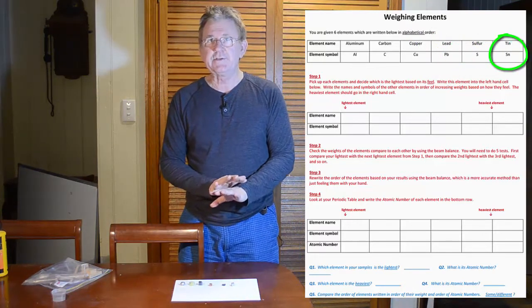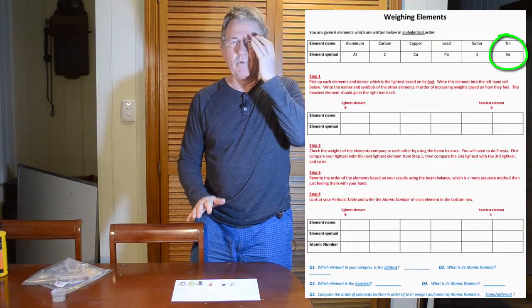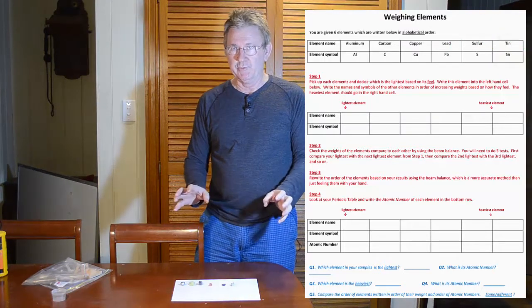So that's just a linguistic way of putting them in an order. But what we're going to do in this experiment is try to work out the order based on their weight, the lightest to the heaviest. The lightest we're going to put on the left-hand side, which is the right-hand side the way you're seeing it on the screen. But from the kids' point of view, this is the left.